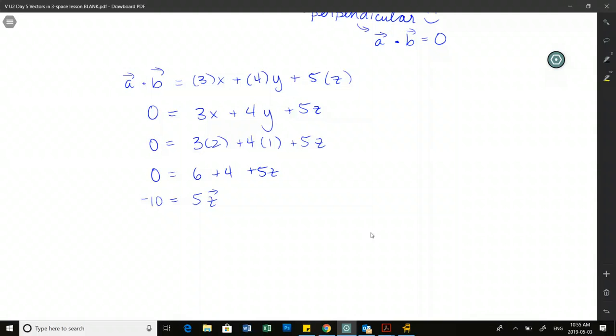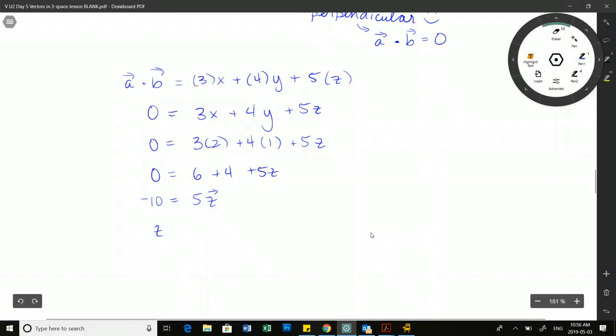Actually, 2 components can't be 0. 1 component can be 0, but if I have 2 components being 0, the third component must be 0, and then you're using the 0 vector. That doesn't work. So you choose 2 of them and you find the third. Any 2. We could all find different answers if we wanted to.